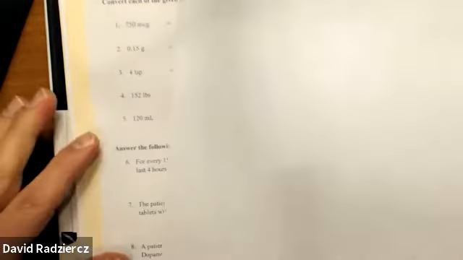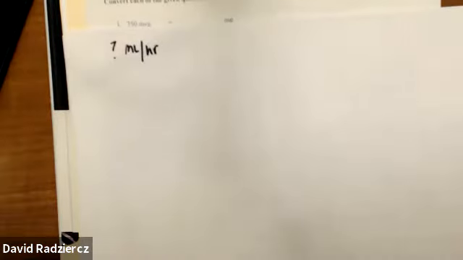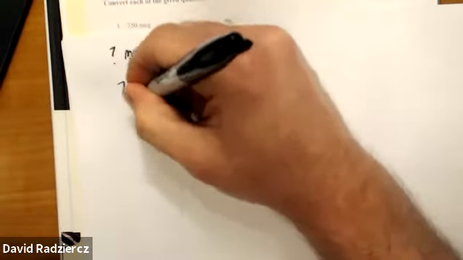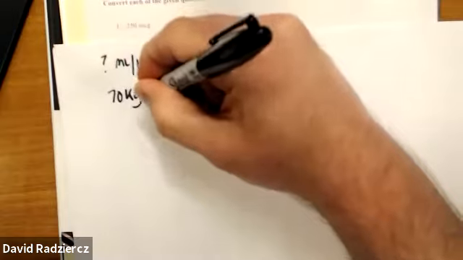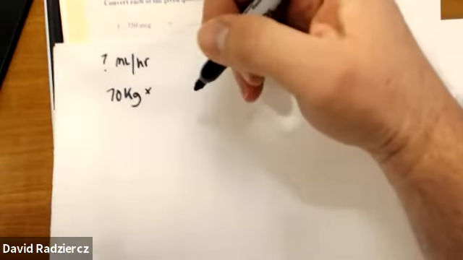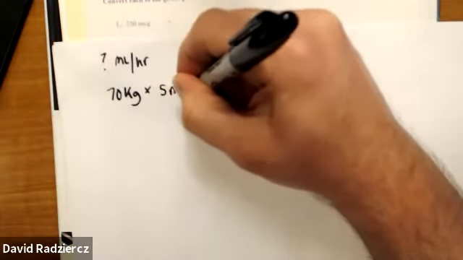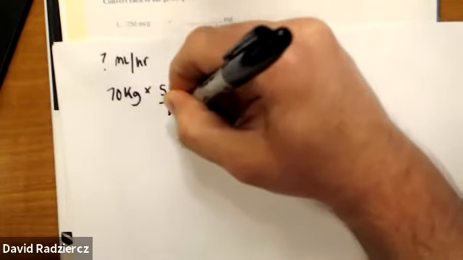So it says to begin the dopamine infusion at 5 micrograms per kilogram per minute and that the patient weighs 70 kilograms. So always with these weight-based questions, account for the patient's weight. So 70 kilograms times the 5 micrograms per kilogram per minute.